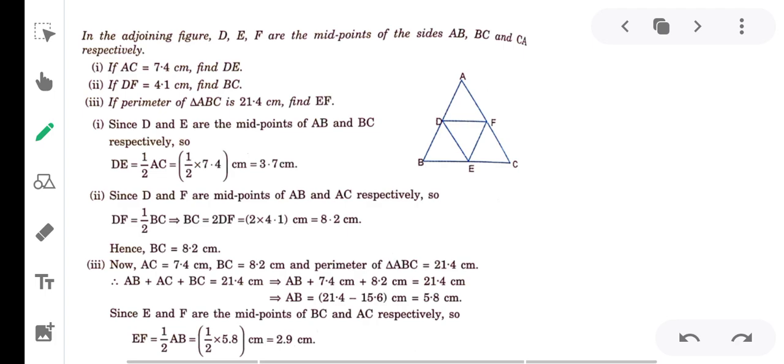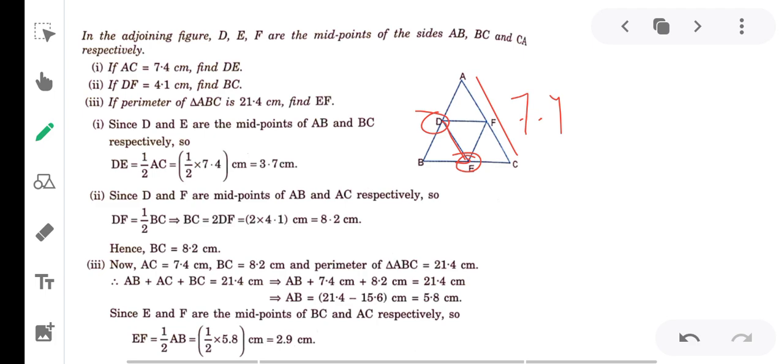So first part, AC is given, that is 7.4 centimeter, and we have to find out DE. D is the midpoint of AB and E is the midpoint of BC.